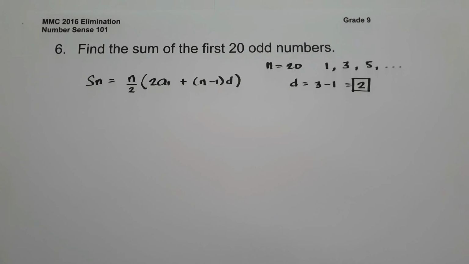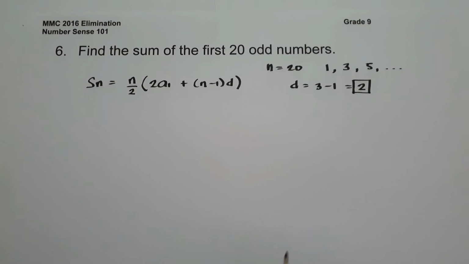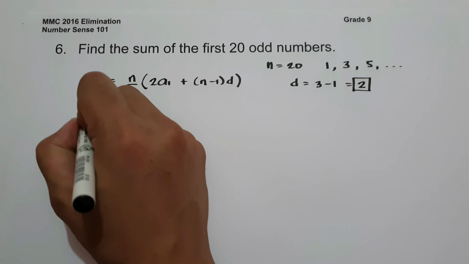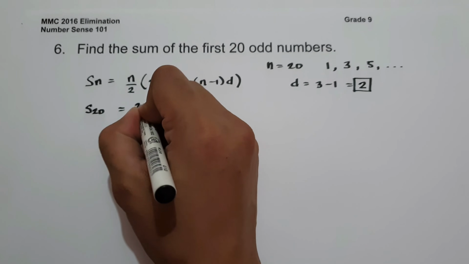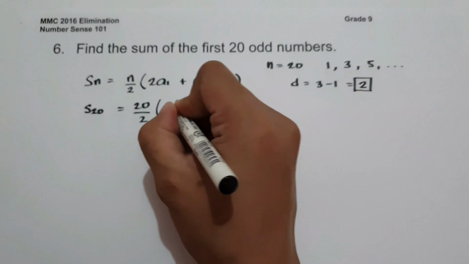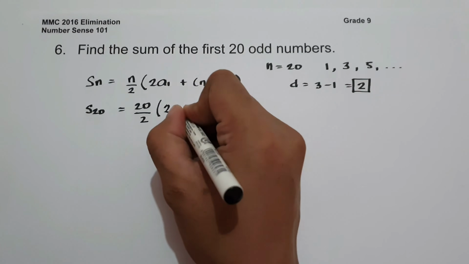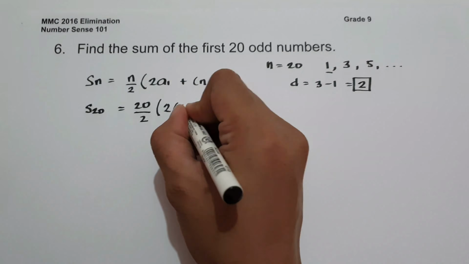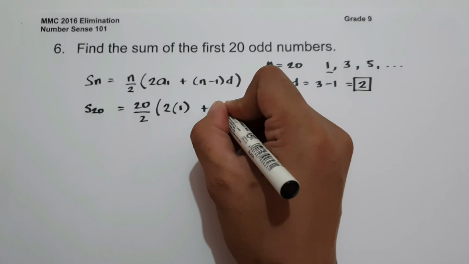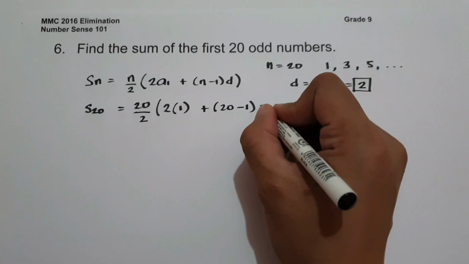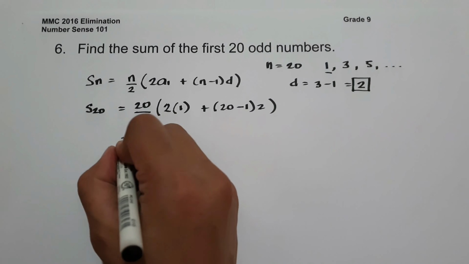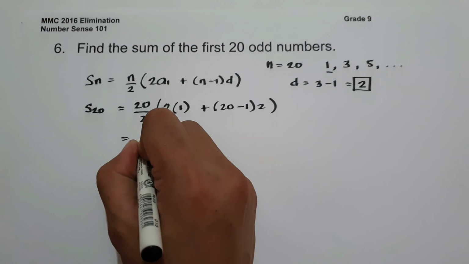So let us find the sum of the first 20 odd numbers. n will be 20 over 2 multiplied by 2 times a sub 1, that is 1, plus n, that is 20 minus 1, and the common difference is 2. So let us simplify. 20 divided by 2 is 10.